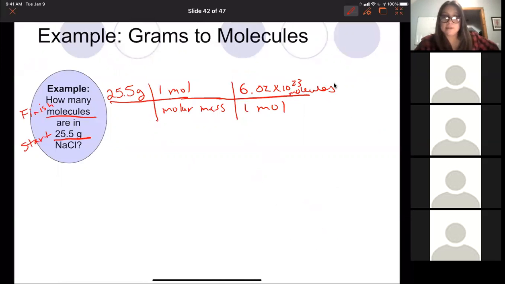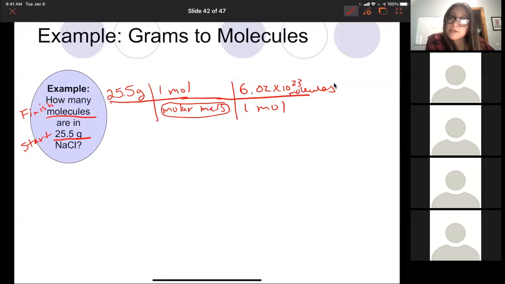Before we do the math, we need to figure out this molar mass. What molar mass are we calculating? The one for the molecules that they're telling us in the problem.